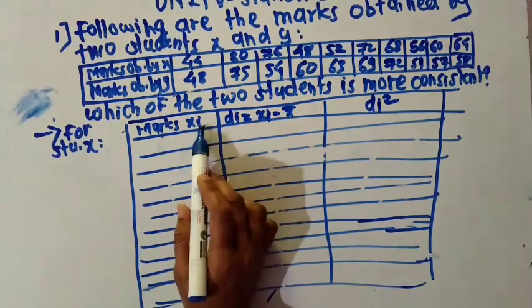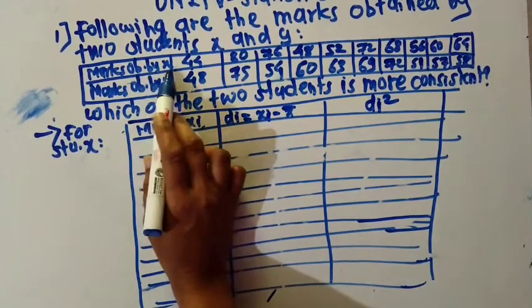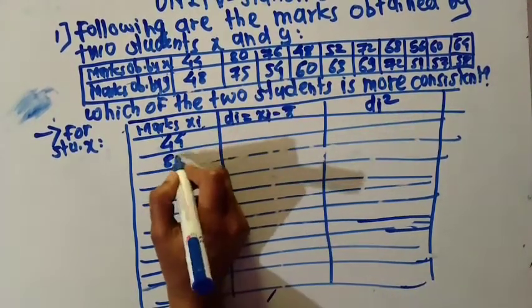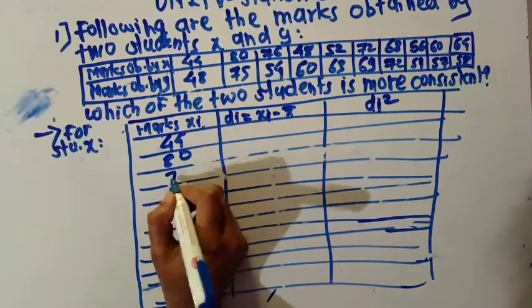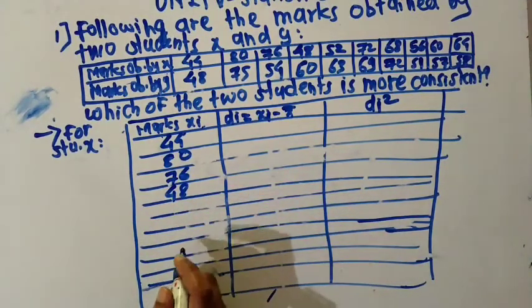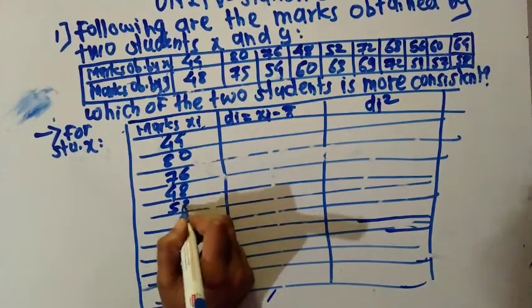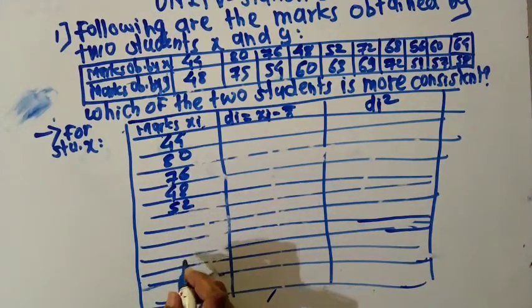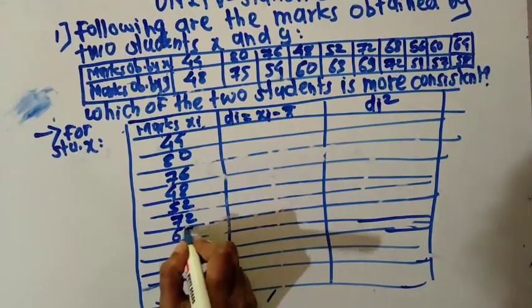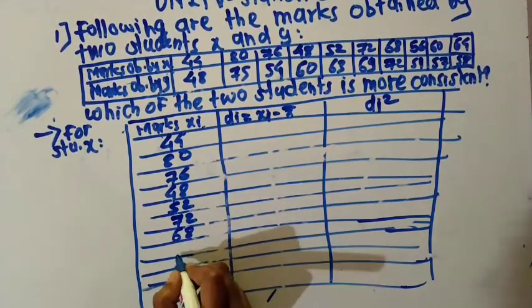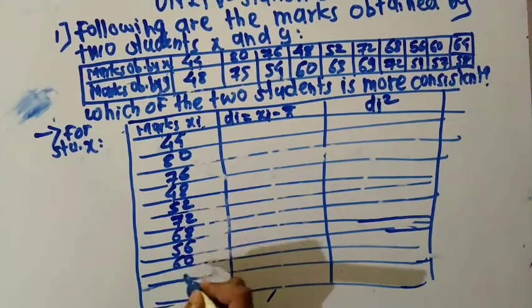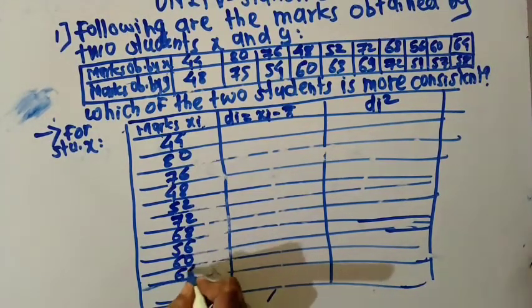Then marks xi, the marks obtained by X, are 44, 80, 76, 48, 52, 72, 68, 56, 60 and 64.